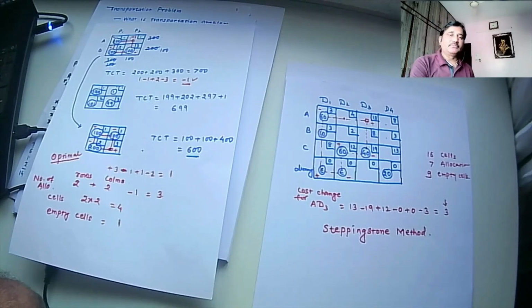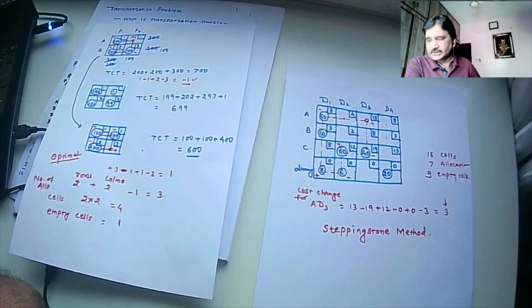Vogel's approximation method is the best, and the northwest corner rule is simple but not that good a method to do the initial allocation, right?